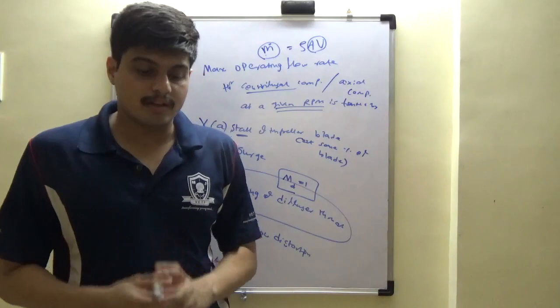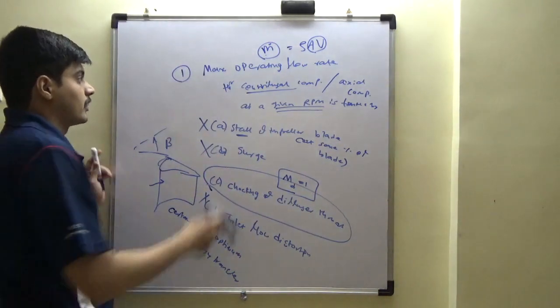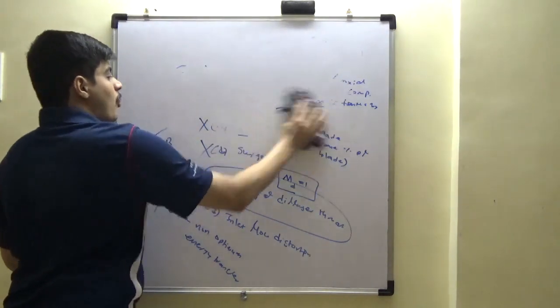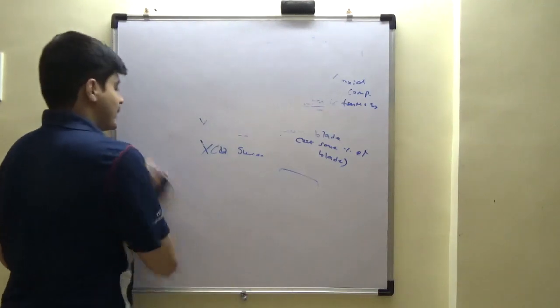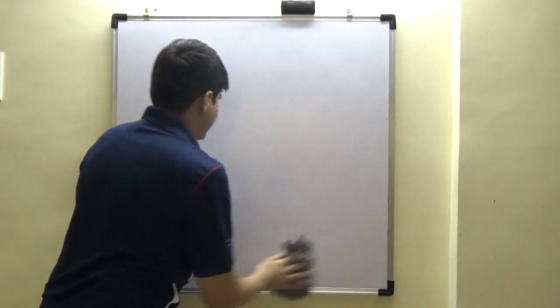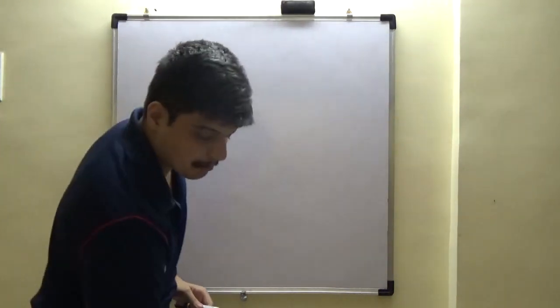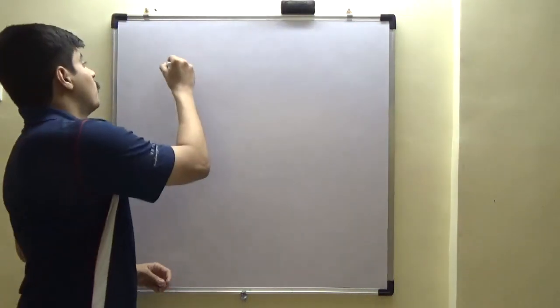Very, very important concept which you should be extremely clear about. So this tells me that the operating mass flow rate is governed by the throat design of the diffuser. And that is the most important implication for a blade design person. Okay, that's question number 1.